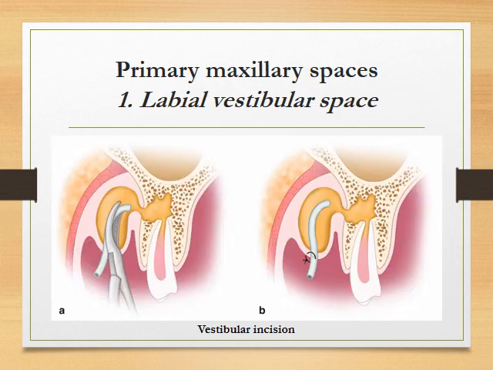As I said, the vestibular incision will be done on the top of the swelling, at the maximum point of the swelling, with the insertion of the drain. This is the surgical approach, the vestibular incision.